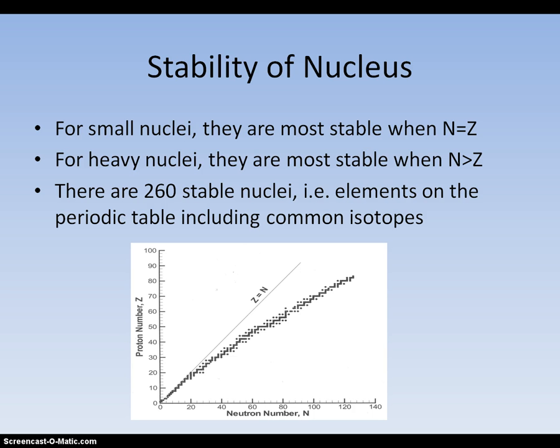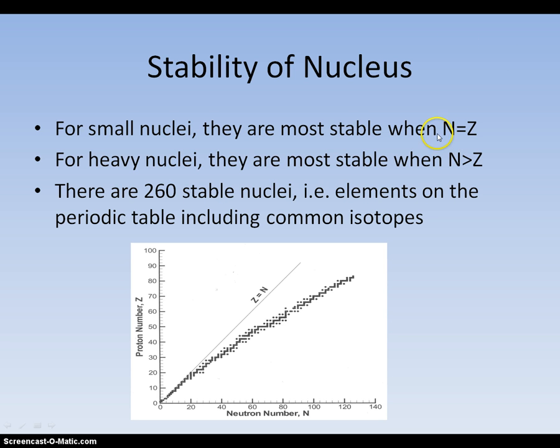So a nucleus is stable in different scenarios based on the size of the nucleus. If we have really small nuclei, they're most stable when the N number equals the Z number. If you look on the periodic table, or you're familiar with chemistry, the most common isotope for oxygen is oxygen-16, one that has 8 protons and 8 neutrons.